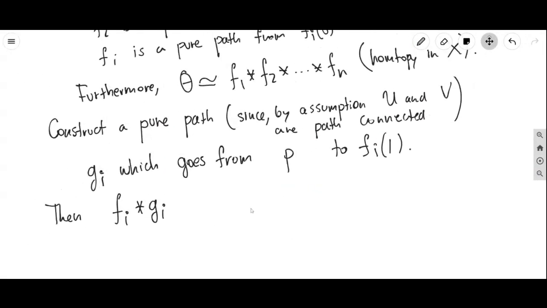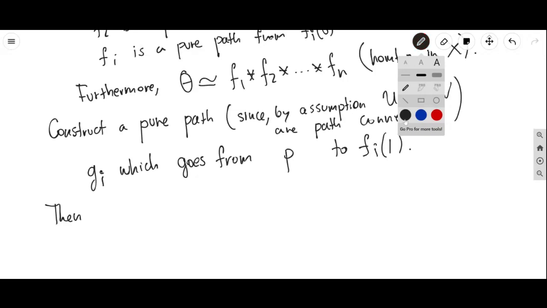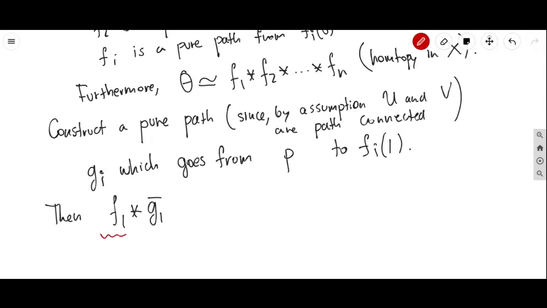And then it means that if we return back to this juxtaposition, here's the way we can write it. So here's how it goes. It goes F1, let's write star G1 reverse. It has to be reverse, okay? So let's explain why that is. This first path goes from P to F1 of 1, right? So the reverse path goes backwards.